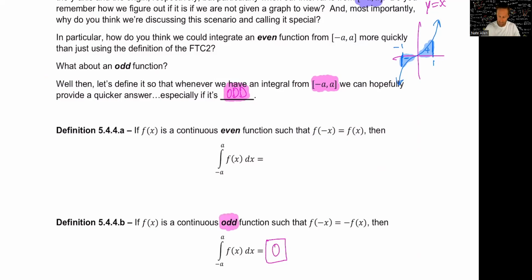But if it's even, then we said that we can rewrite it as the same function that we're dealing with, but if it's even, instead of going from negative a to a, we can go from 0 to a, just 1/2 of it, but we would have to double it since we're only finding half of what the original was.